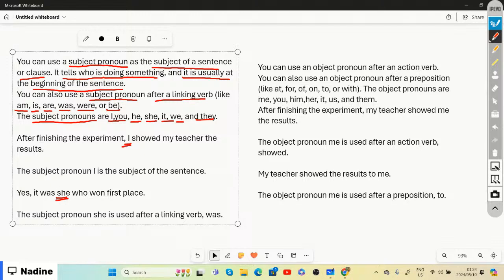She won the first place, right? And she comes after our linking verb was. So the subject pronoun of that sentence is she, and she is used after our linking verb, which is was.